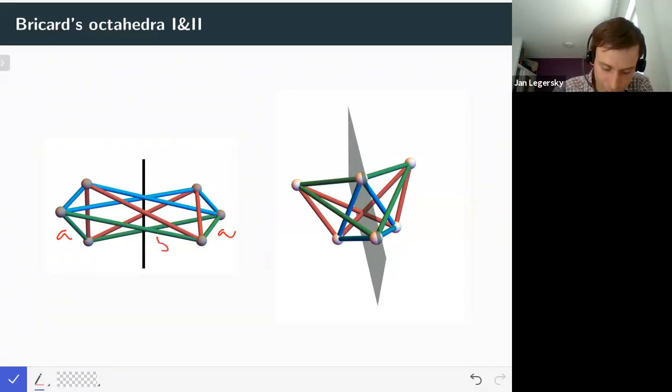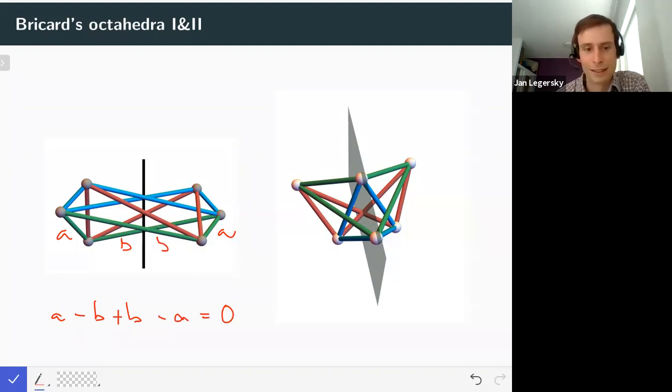And again, here we have B and B. So it's rather trivial that we can sum up the edge lengths with some signs in a way that we get 0. Of course, if we put plus for one B and minus for the other, and the same for A, they sum up to 0.